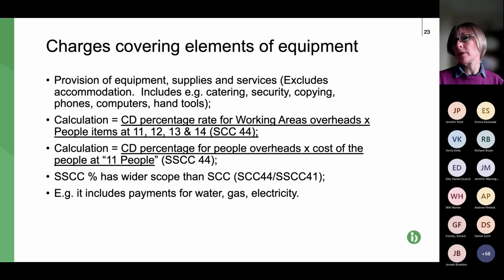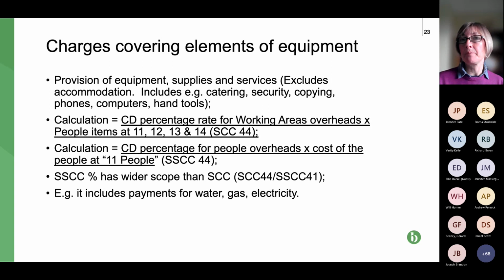So site accommodation is fairly and squarely in equipment, but catering comes within the charges, security comes within charges, copying, all that kind of stuff that goes within the site cabins typically comes within charges, and also hand tools. So it's like a real mishmash of items.